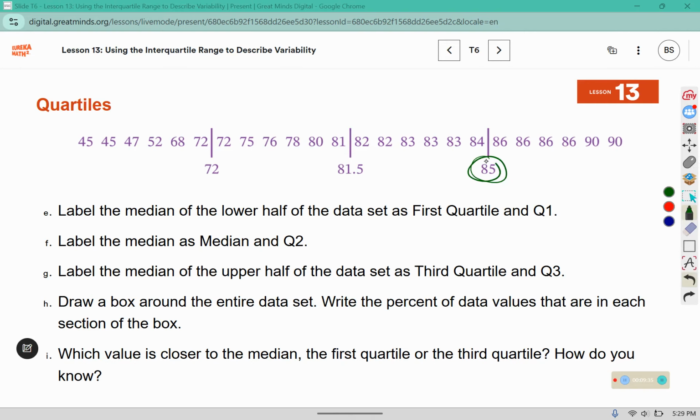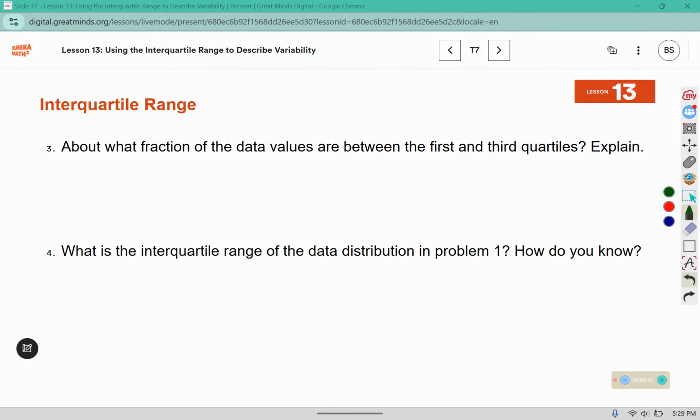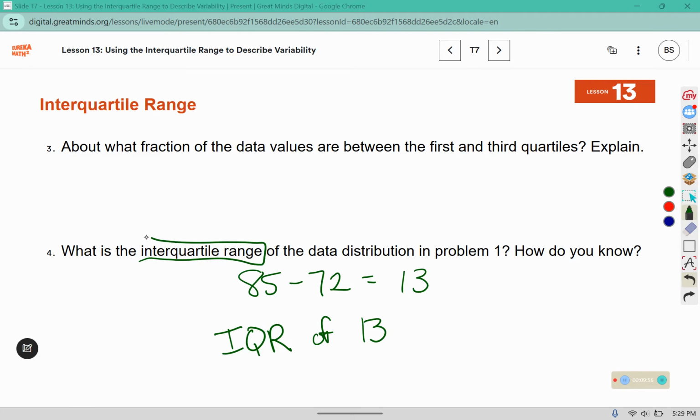So we're subtracting the biggest number in our quartiles and the smallest number in our quartiles. So we need 85 minus 72, is an interquartile range of 13. That interquartile range phrase is abbreviated or condensed to IQR.